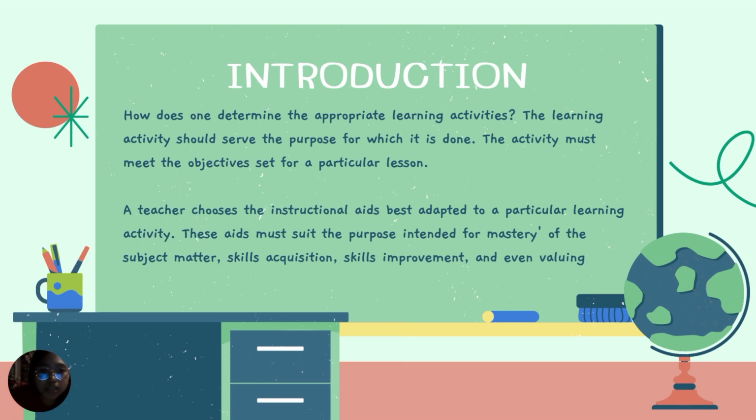A teacher chooses the instructional aids best adapted to a particular learning activity. These aids must suit the purpose intended for mastery of the subject matter. Skills acquisition, skills improvement, and even valuing.